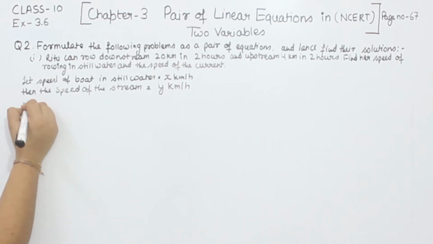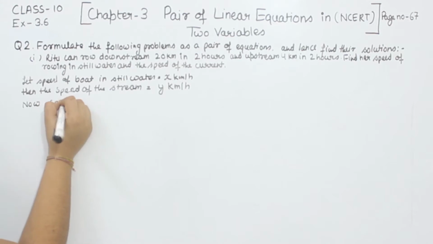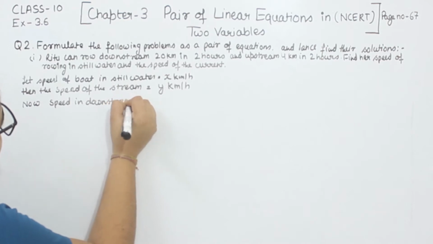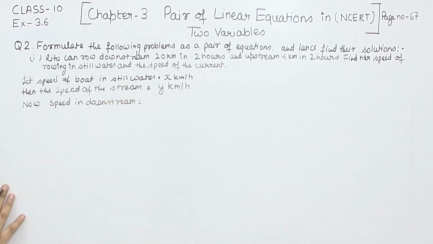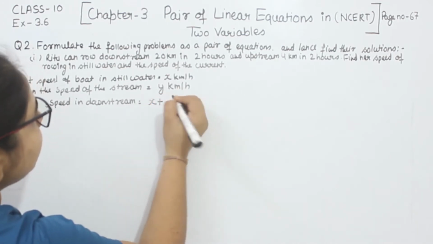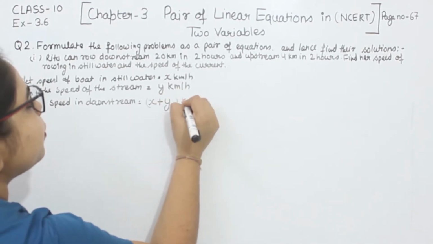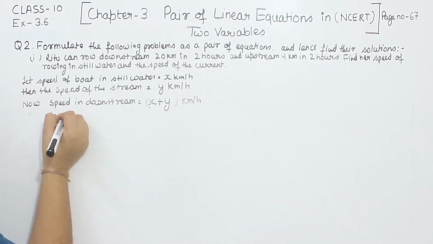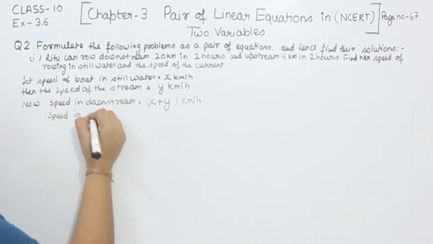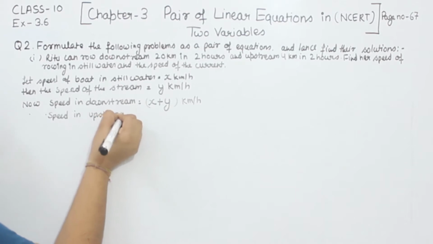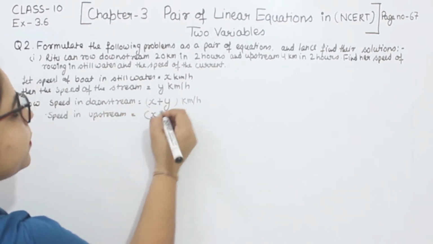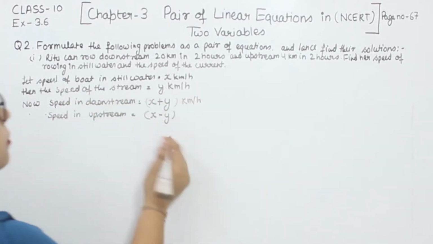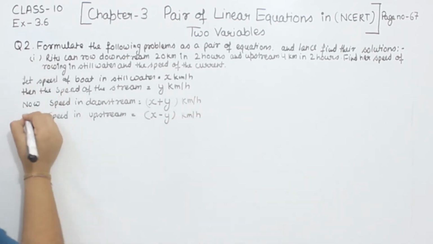Now the speed in downstream will be the speed of the boat plus the speed of the stream, and the speed in upstream will be the speed of the boat in still water minus the speed of the stream.